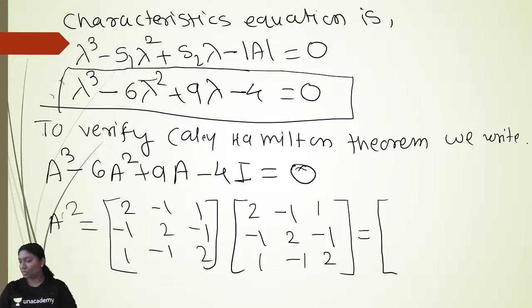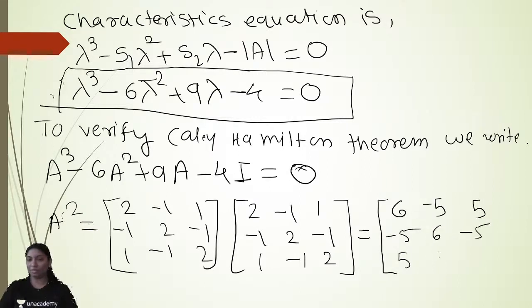A square is nothing but, after calculation you will get here 6 minus 5 5, then minus 5 6 minus 5, then 5 minus 5 6. Okay, this is our A square. So similarly we can calculate A cube.